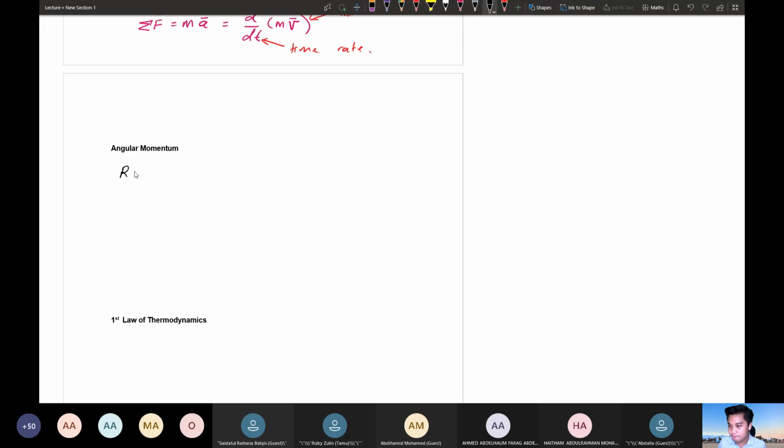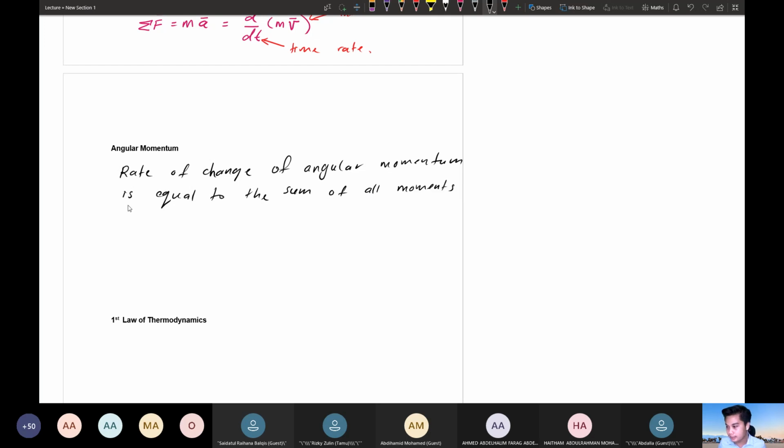So the rate of change of angular, or you can say rotation, momentum is equal to the summation of all moments acting on the system. Alright, so this is the formula.